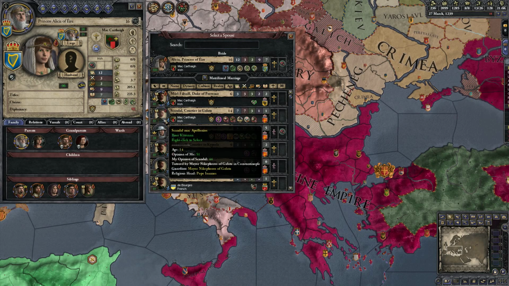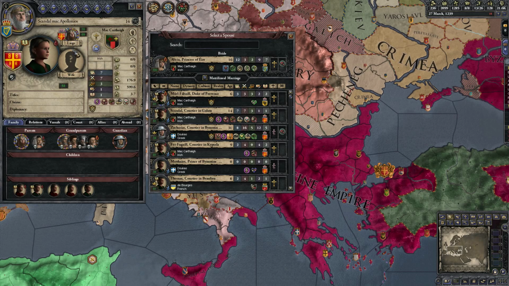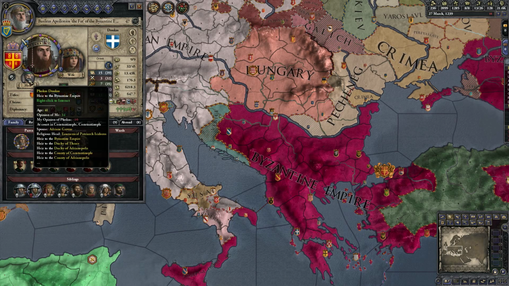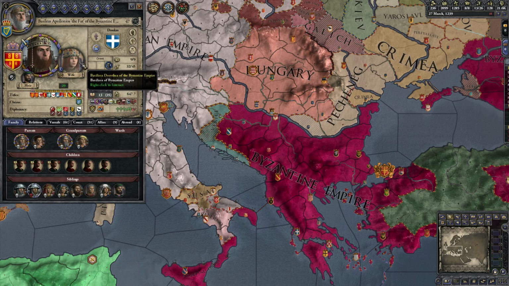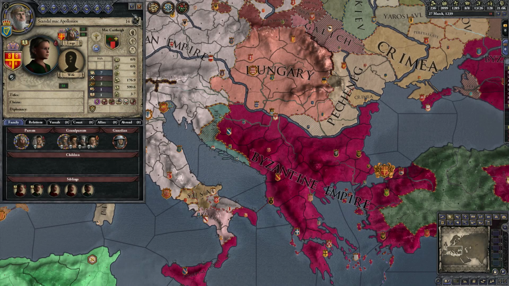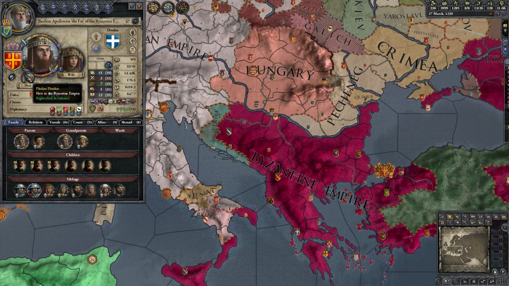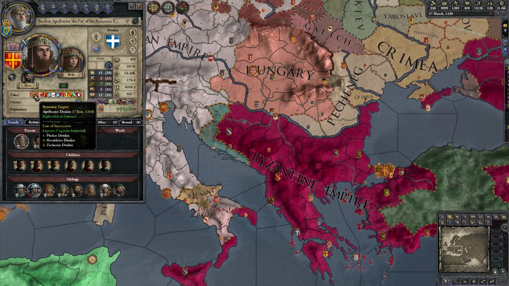Hold on a cotton picking second. Who is your heir? My cousin. You were married to 2 of my cousins. Holy crap. Why is your heir... Is this elective monarchy?